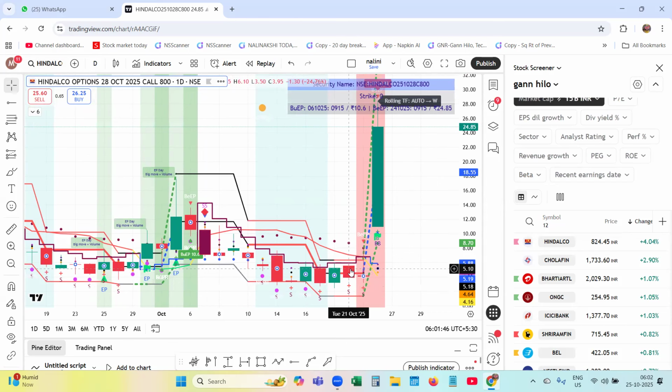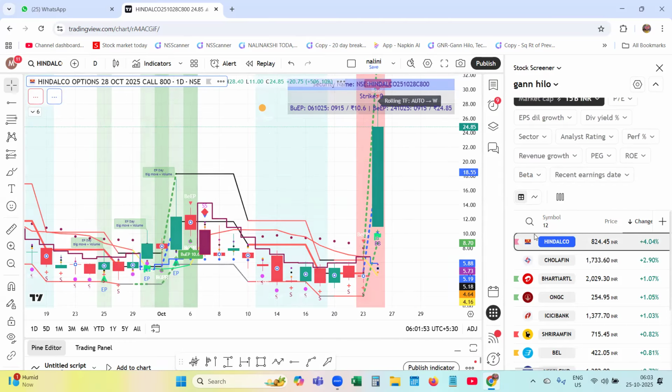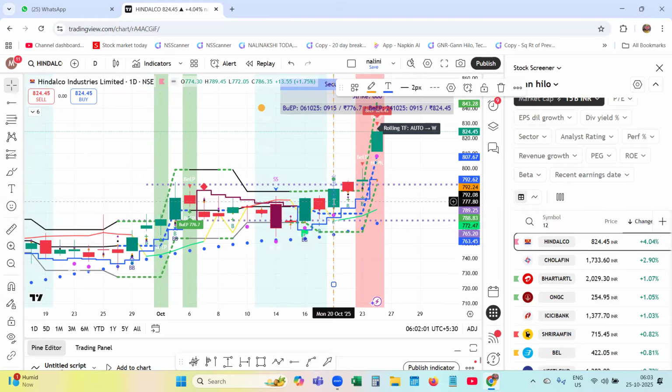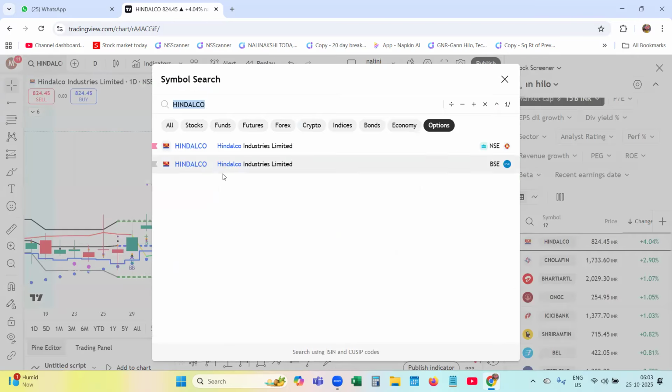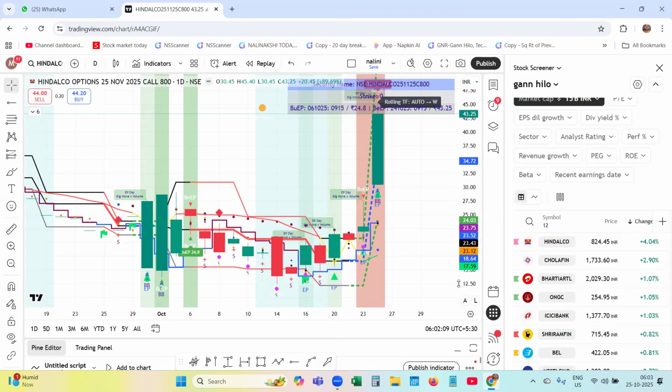Before that happened, let me go to the underlying Hindalco. Let me mark when it has climbed. That has climbed on 20th October, all the way. Then we'll go back to the option chart, 800 call option on 20th. You can see the previous episodic pivot, which I had given.